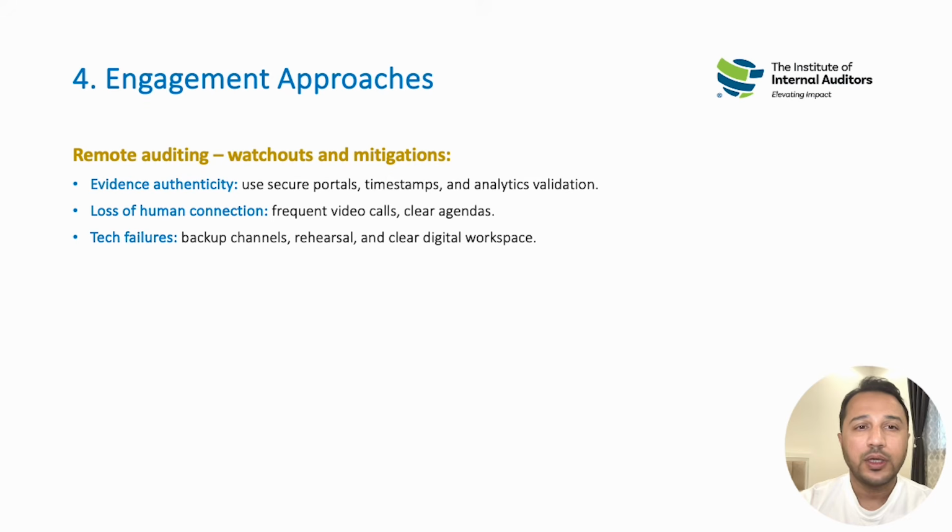Also, we need to understand that there is a loss of human connection, because when you meet physically, there is more warmth, and sometimes people open up and share quite meaningful information which they might not share with you when you connect with them remotely.